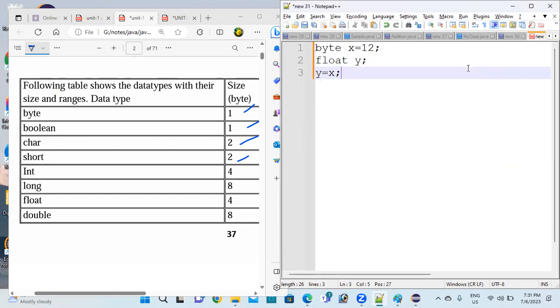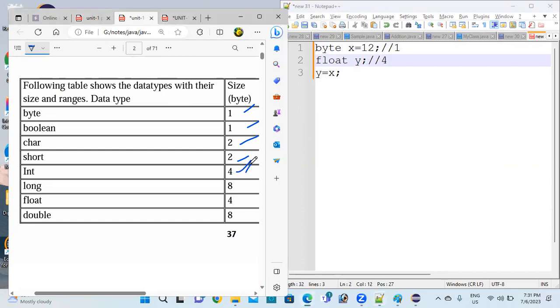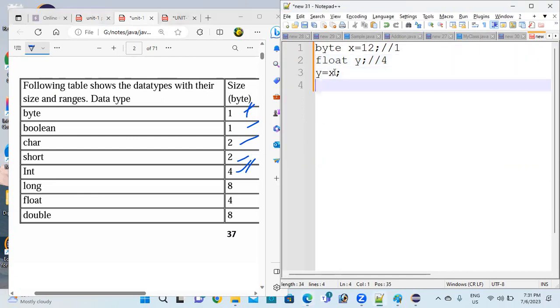It means your x is a byte. What is the size here? Total 1 byte. I want to store this into float. How much is the float size? 4 bytes. 1 byte of information I want to store in 4 bytes. So that is okay. The answer will come like y equals 12 point zero, zeros will be added based on your size.